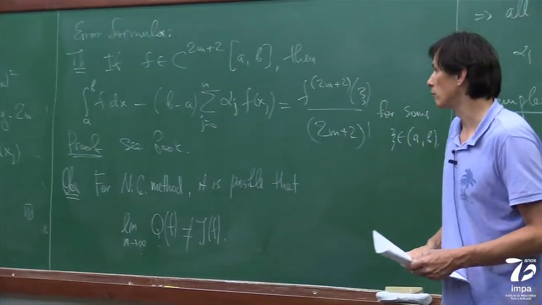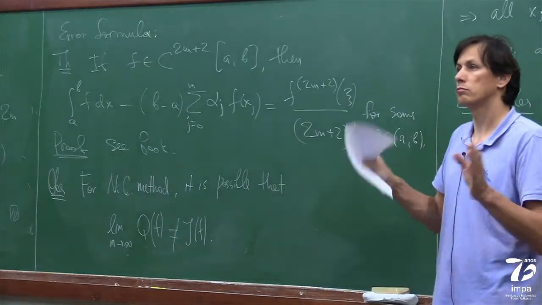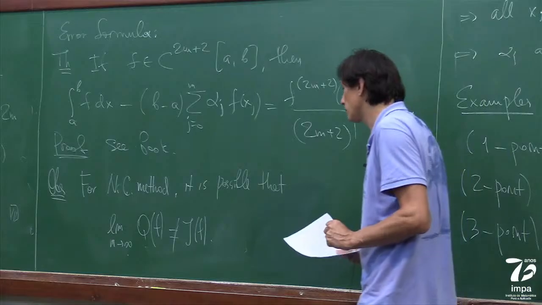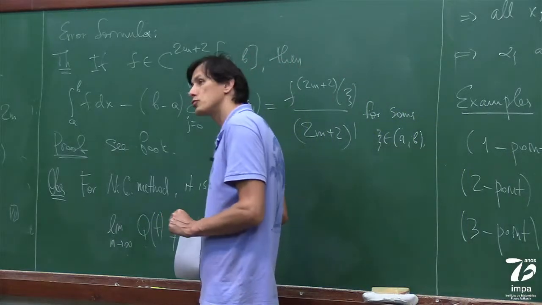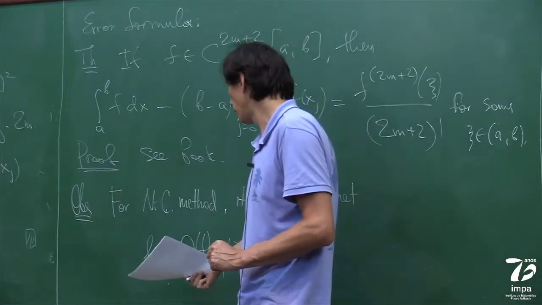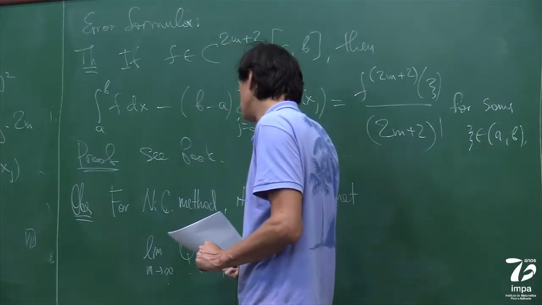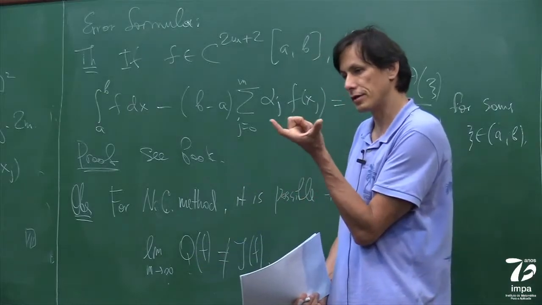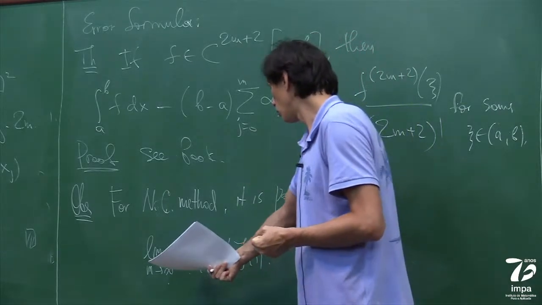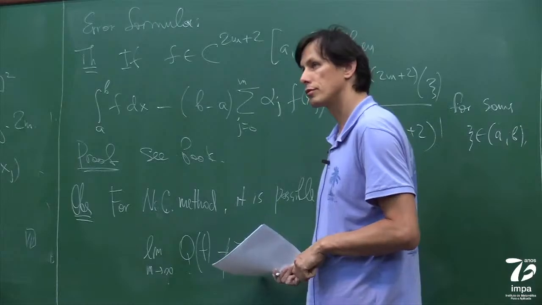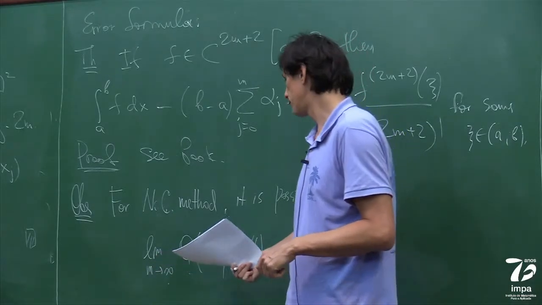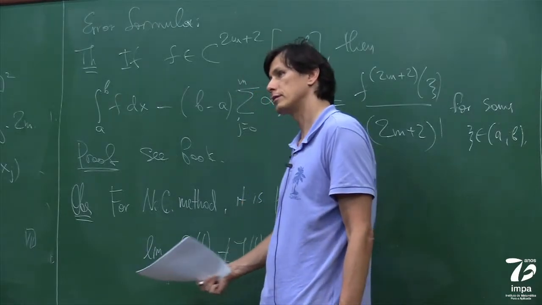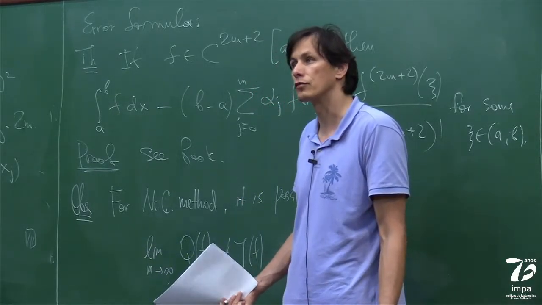In fact, the more points you put in a quadrature, it's not necessarily true that it will converge to the integral. For each m, it has the right order. So for each m, if you decrease the interval, you will converge with a certain order to the integral. But if you fix the interval but change m, it's not necessarily convergent.